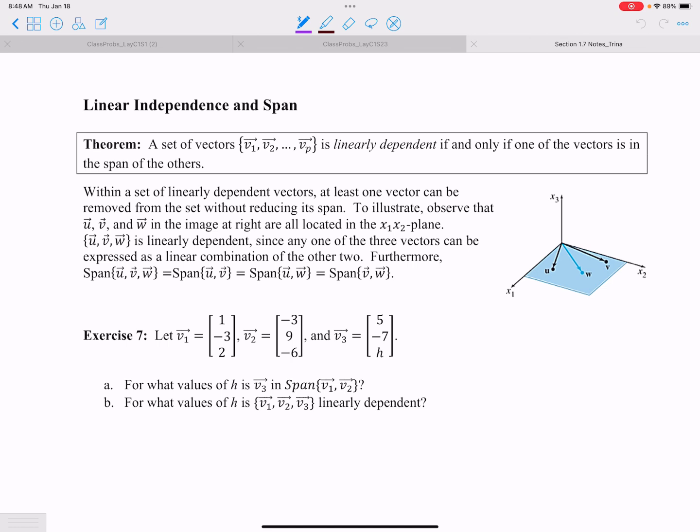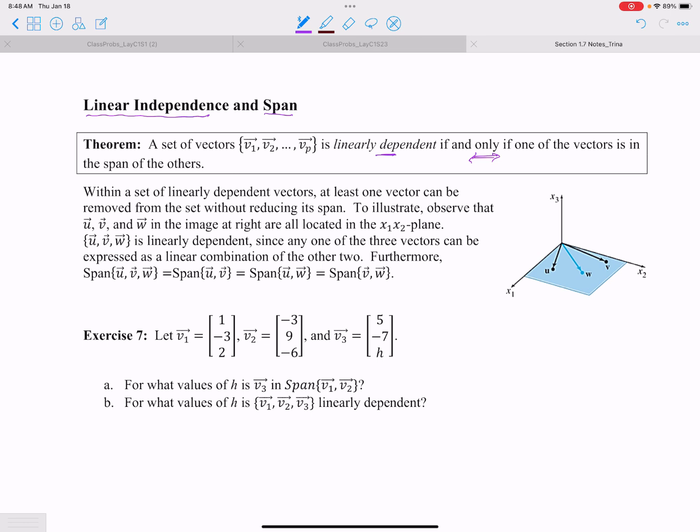So now looking at the connection between linear independence and span. Again, span is a linear combination of vectors. So this theorem says that a set of vectors is linearly dependent if and only if, again, both directions, one of the vectors is in the span of the others. So if I know my set is dependent, I know that one is a linear combination of the others.